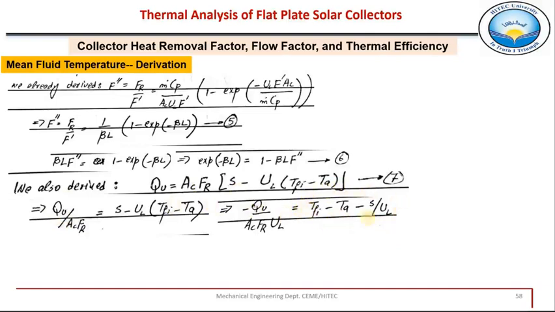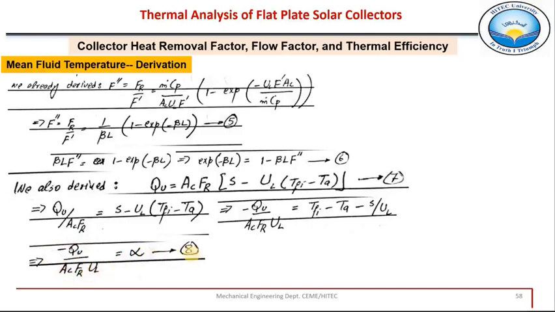Now what is this term? We have already defined this term as alpha, right? So if you go back to the previous slides or the previous video clip, you will see that we have defined alpha as TFI minus TA minus S over UL. So we have replaced. So now alpha can be written in terms of this term, which is QU AC and FRUL.